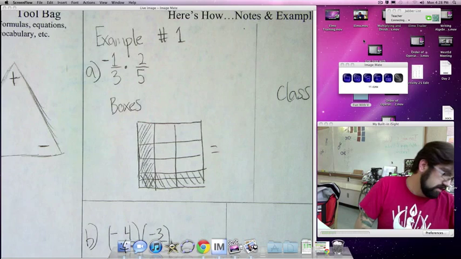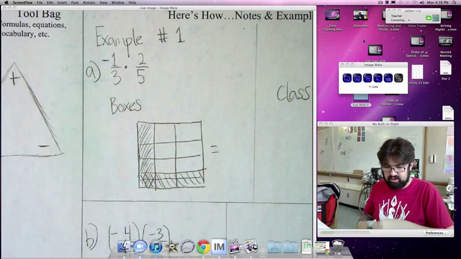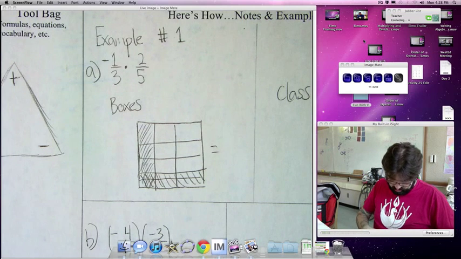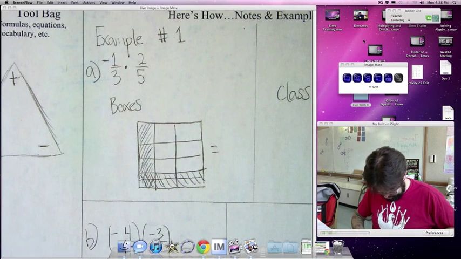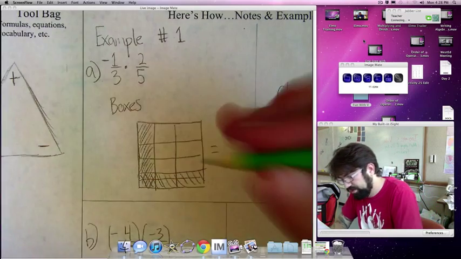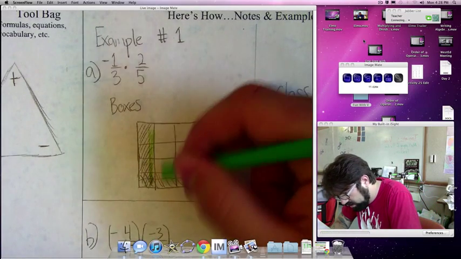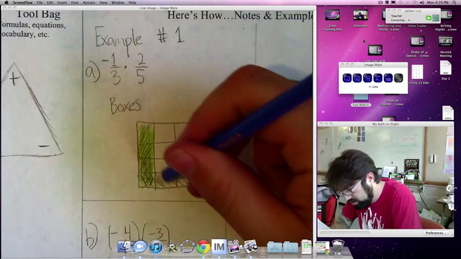If you really want to be fancy about it, you could also do it with colored pencils. I would use 2 colors that are very different, like green and blue. So I colored this one like that, and the blue one I'm going to do like this.